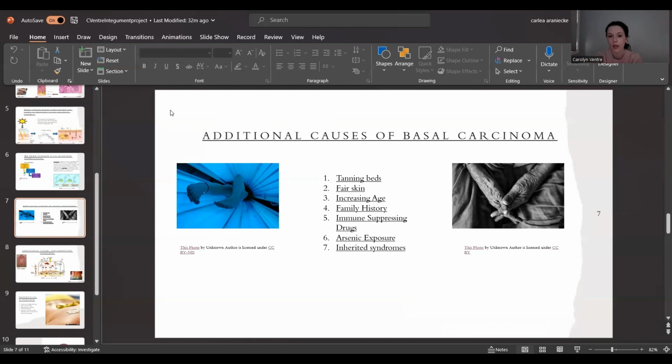Family history, if someone in your family has had it, or immune suppressing drugs can also make it easier to get it. And I didn't realize, but arsenic exposure. You can also get it from inherited syndromes from your parents.